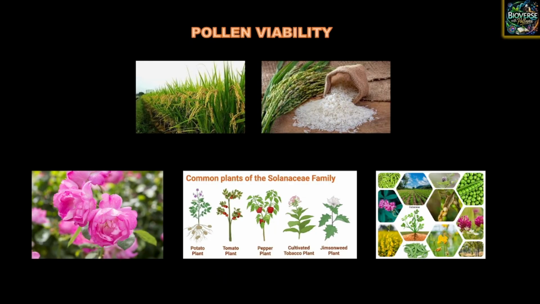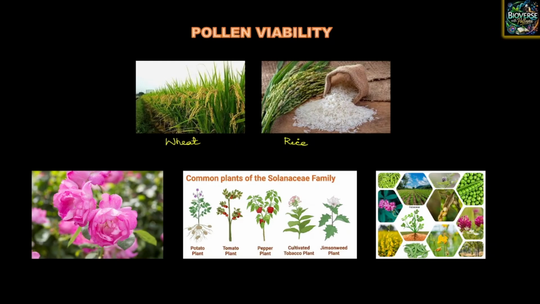Moving on to pollen viability, children, here what you see is your wheat, and in this diagram you see the rice. Viability is the duration for which these pollen grains are going to be active.